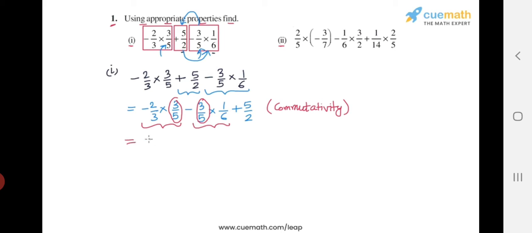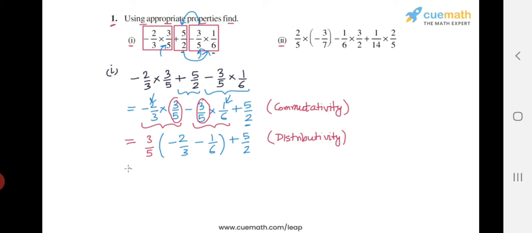We can write the common term 3 by 5, and then inside the bracket we will have minus 2 by 3, this term, and then minus 1 by 6, which is from the second term. So minus 2 by 3 minus 1 by 6, and then we have this plus 5 by 2. And the second step we could do because of distributivity of multiplication.